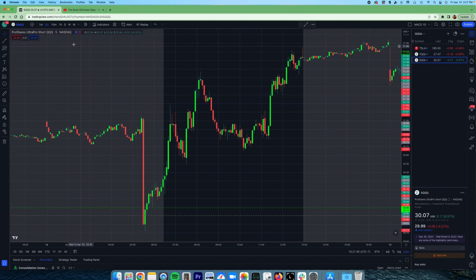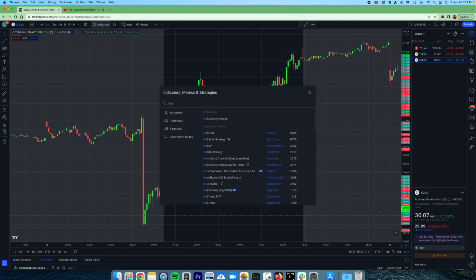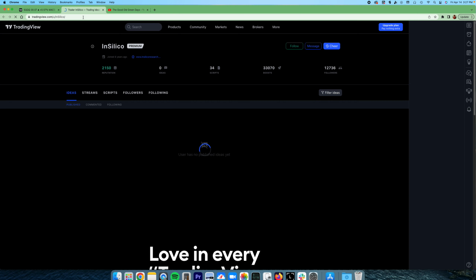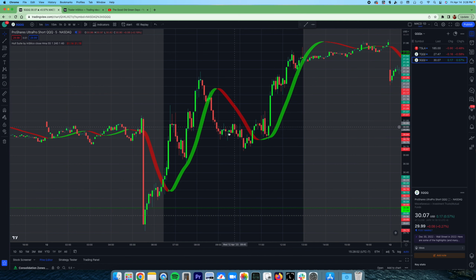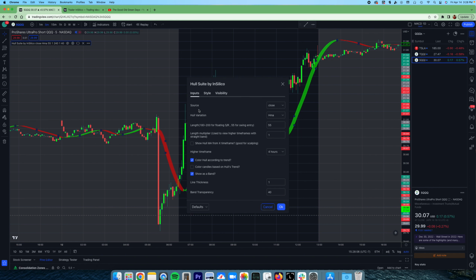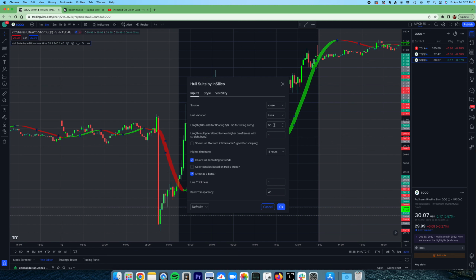So the strategy is using this indicator called the Hull Suite, and it's this one right here made by InSilico. So go ahead and add that, and then the inputs, if you go into settings, just change the Hull length over here to 39 instead of 55.